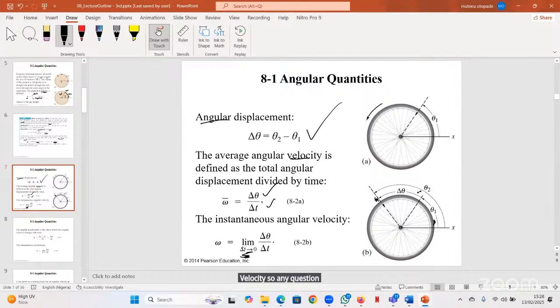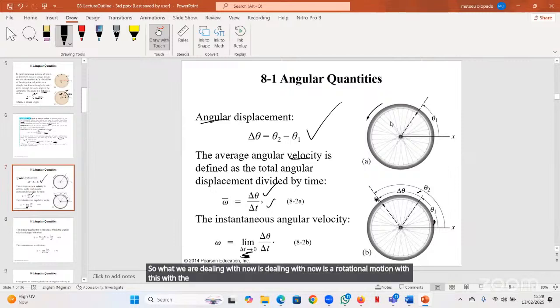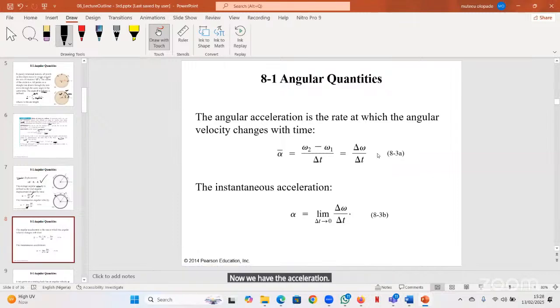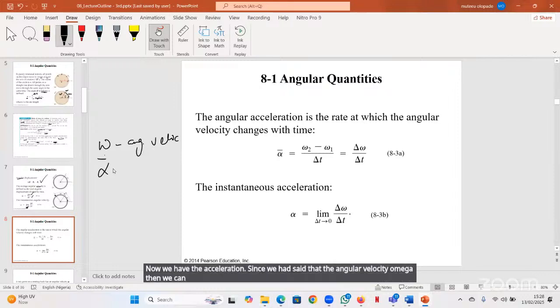No, sir. So what we are dealing with now is rotational motion, which deals with angular displacement. Now we have the acceleration. Since we had said the angular velocity is omega, we can then have the angular acceleration.